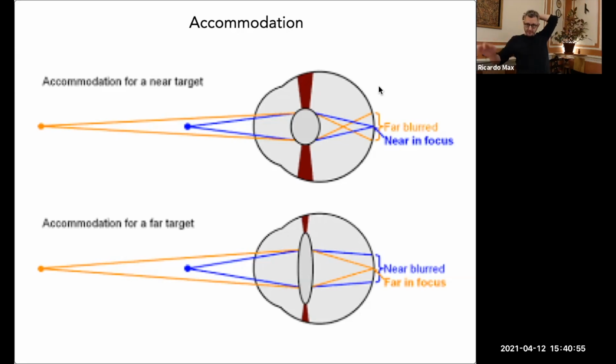Astigmatism is a completely different story. I told you, I think, two lectures ago, it's when the lenses have a small deformation. Everybody has a little bit of astigmatism. Some people have more.